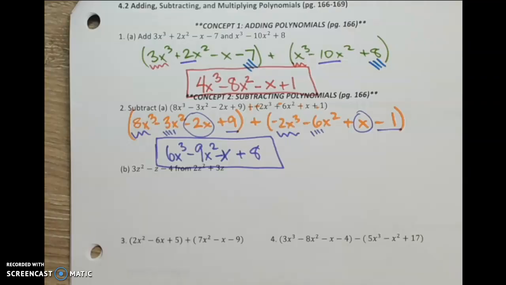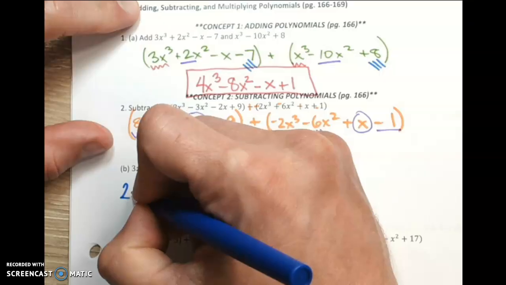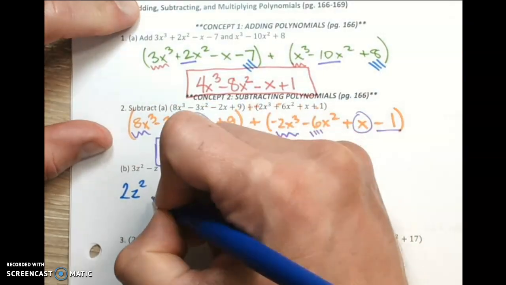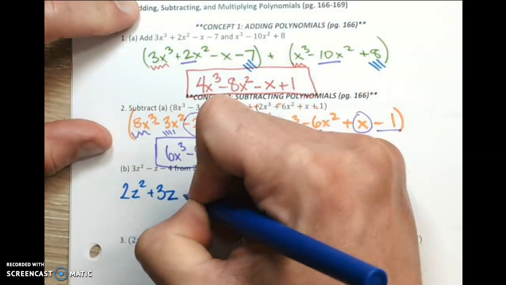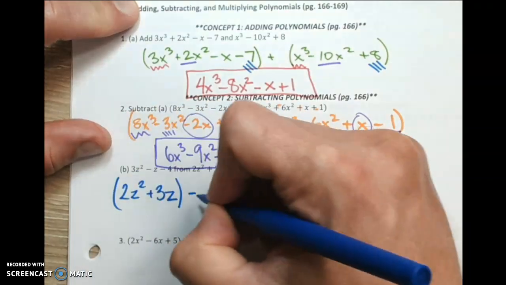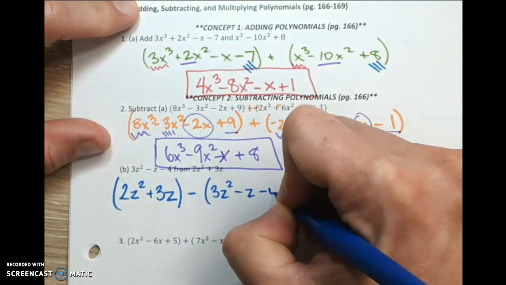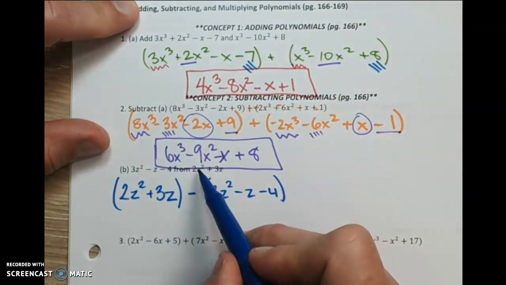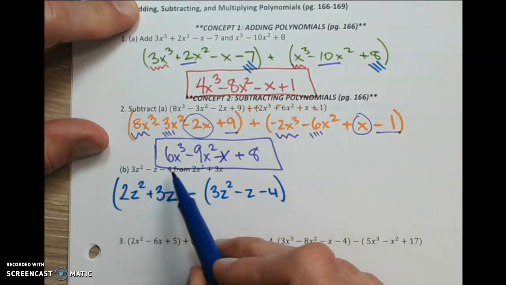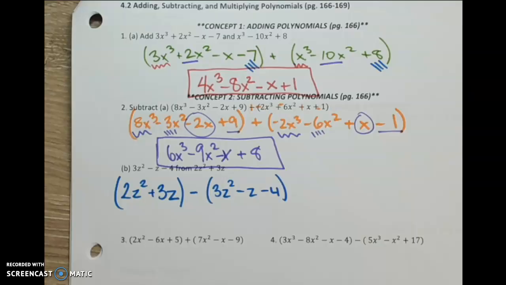So actually what I'm going to do is I'm going to make it 2z squared plus 3z, and I'm going to subtract 3z squared minus z minus 4, because I'm subtracting this from this. So it's a little backwards.